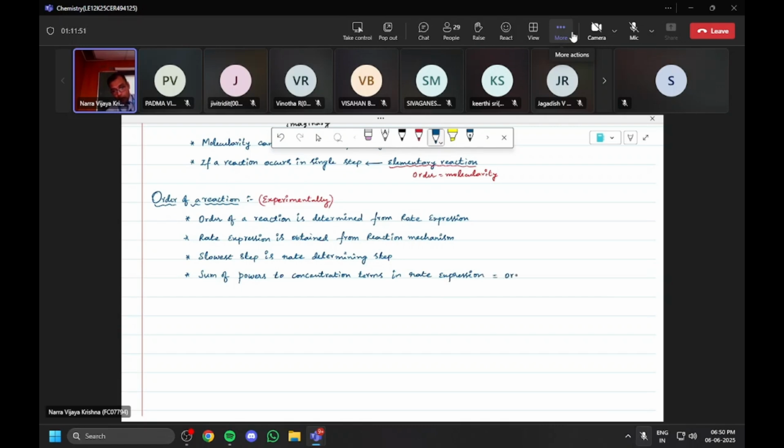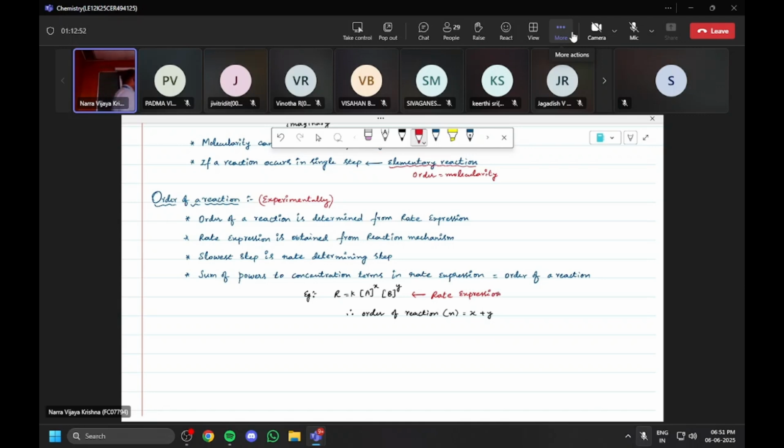For example, if I write a rate expression as R equal to K times concentration of A power X into concentration of B power Y, then the order of reaction n is equal to X plus Y, if and only if I call this a rate expression.